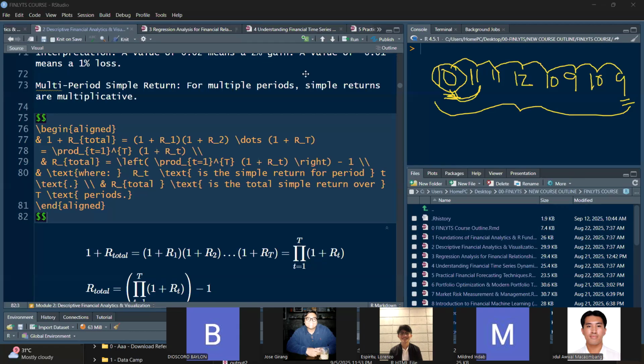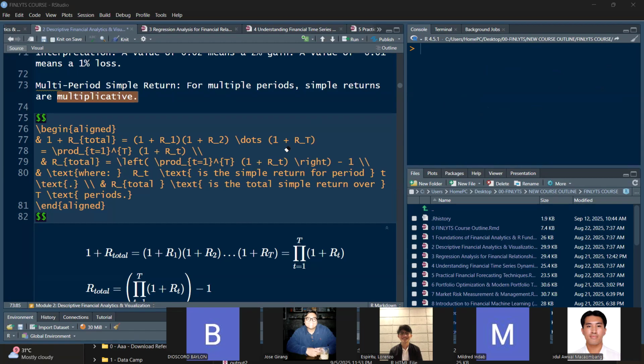Now we're told here in class that for multi-period simple returns, it is multiplicative. Hence this formula, class.